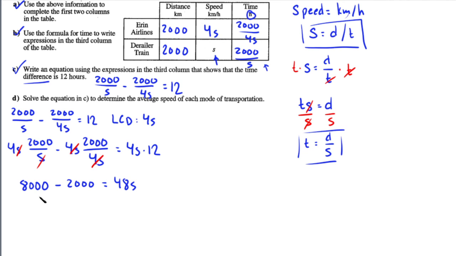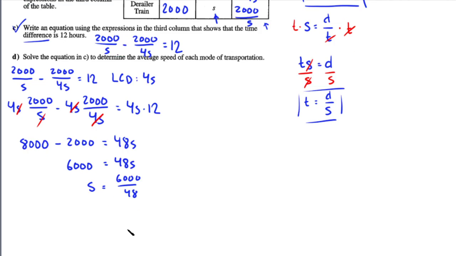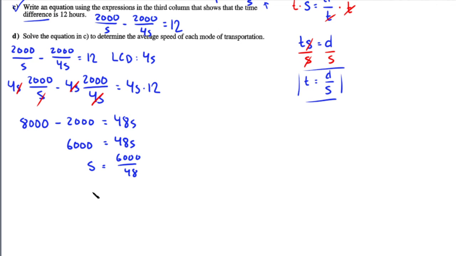We can subtract 8,000 minus 2,000. That's 6,000. And then we divide both sides by 48. So s equals 6,000 divided by 48. And if we do that division, we're going to get that s equals 125.